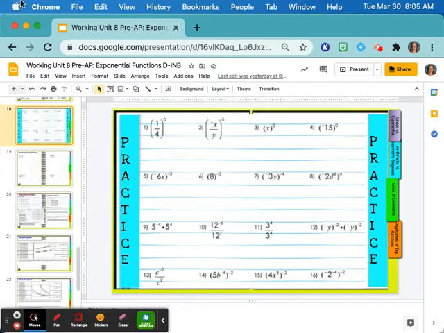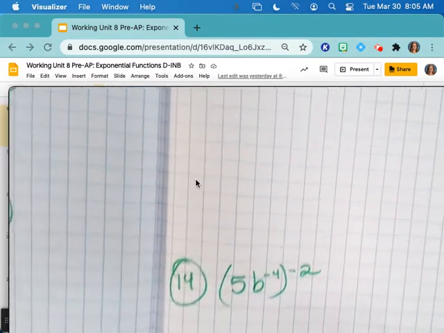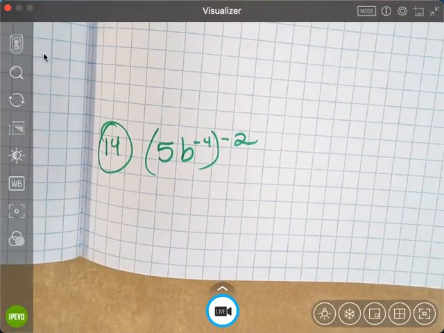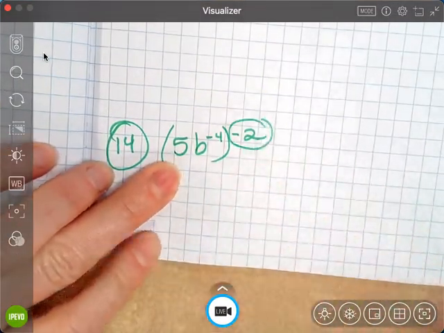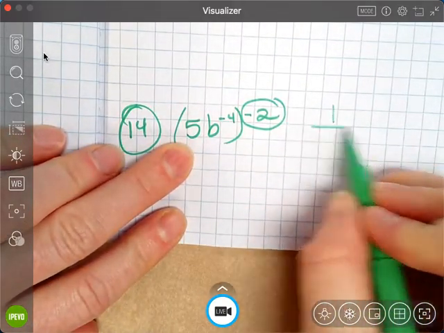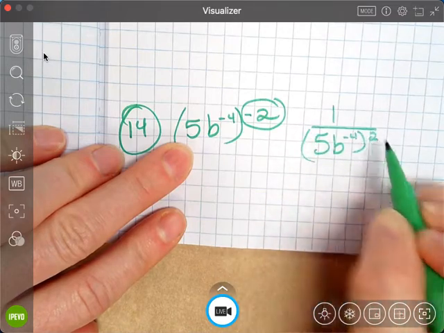5b to the negative 4, to the negative 2. Anytime it's a negative 2 power, I could do 1 over (5b to the negative 4) squared.